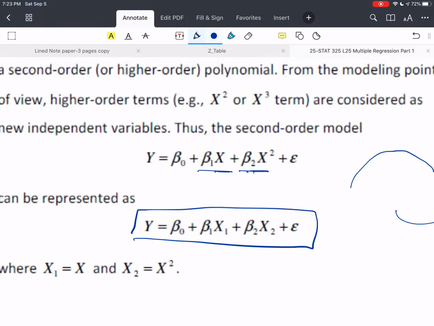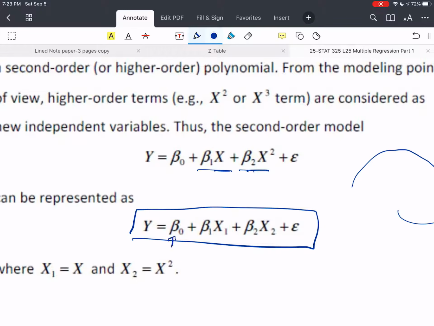Let's take a look. So what we do is we have the intercept, and then the first variable is x1, and the second variable is x2, and we say beta 1 and beta 2. And x1 can really be anything. It could be x1 squared, it could be x1 to the fourth, it could be any power of something.